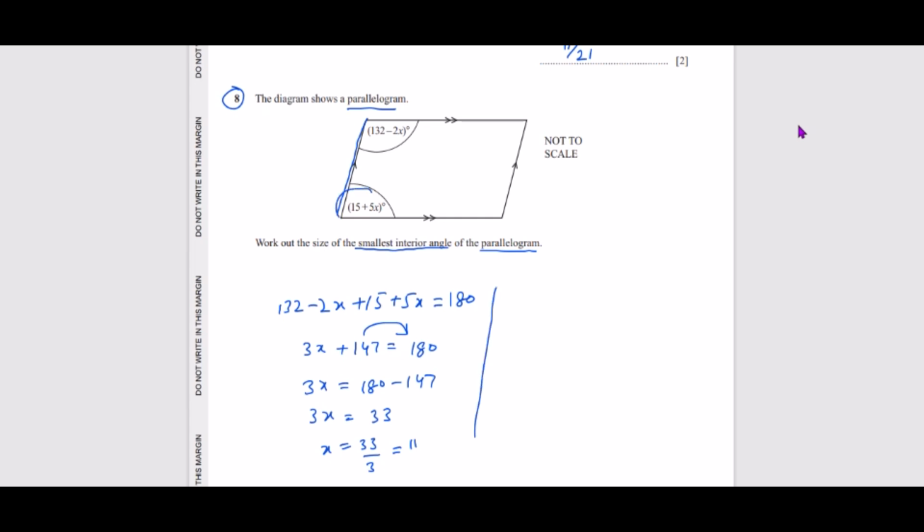So this angle is our smallest angle. Put the value of x here. 15 plus 5 multiplied by x.